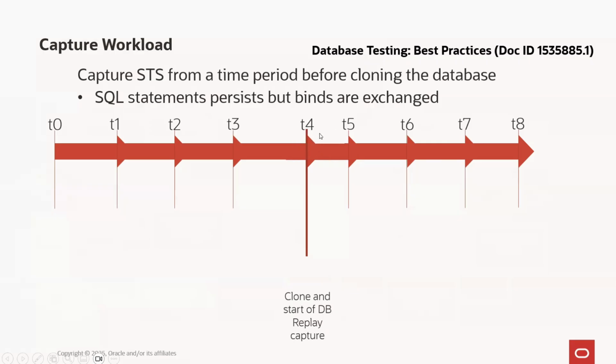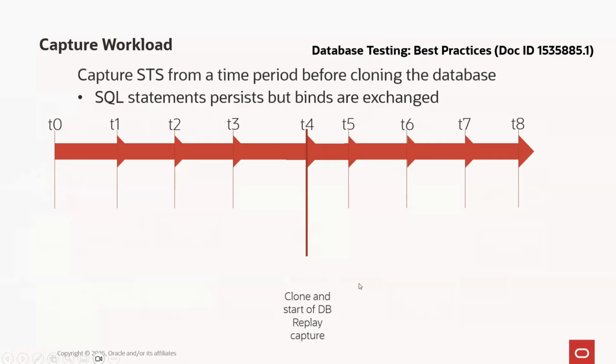So we have that SCN number. That SCN number is super important because when we clone our database from the production database to the destination, to the test database, okay, we're going to be using that SCN number.